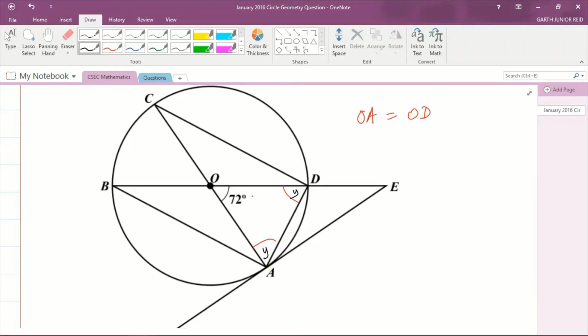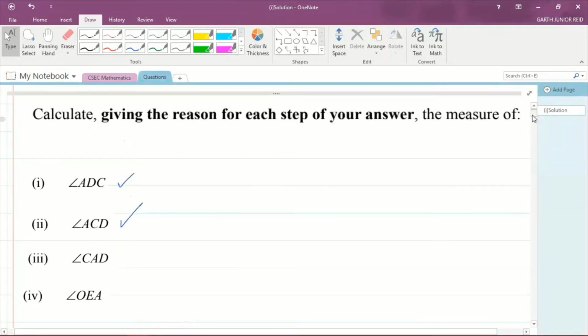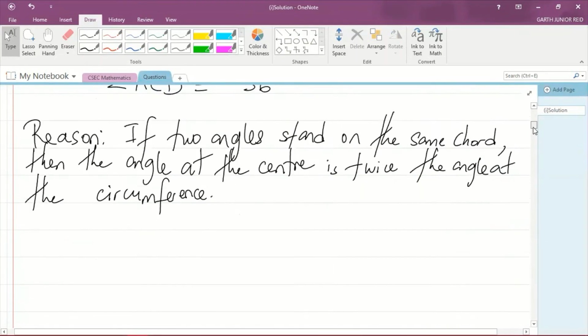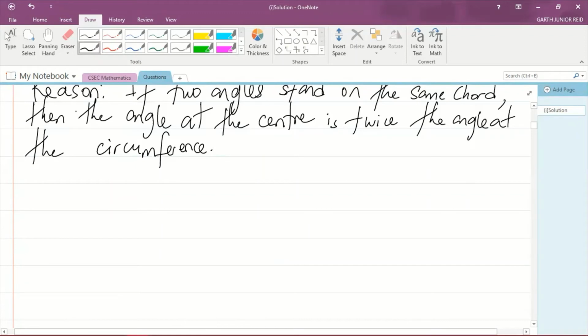I'm going to use that fact as well. So we know that 72 degrees plus Y plus Y is going to be equal to 180 degrees. So let's just write that work in here.